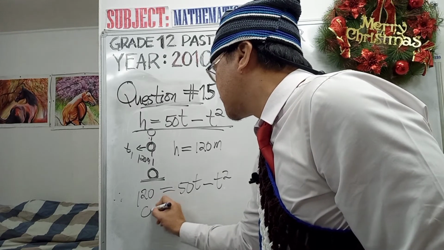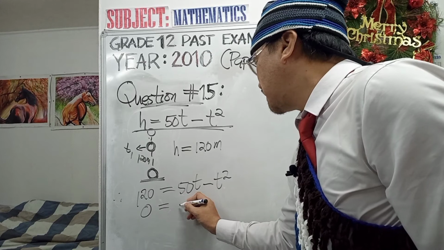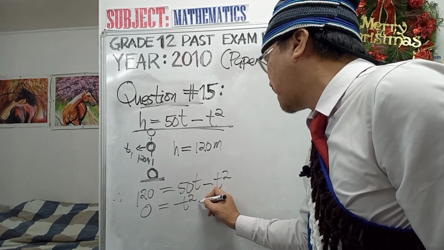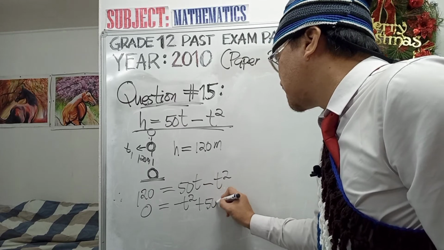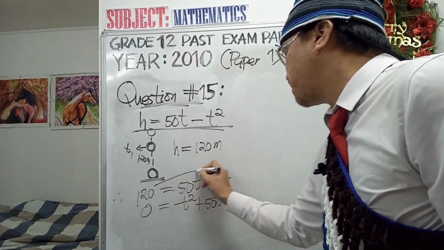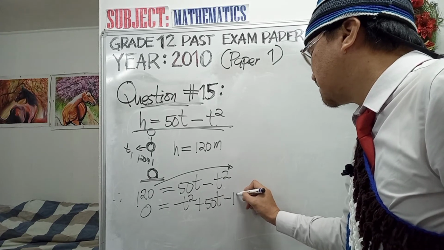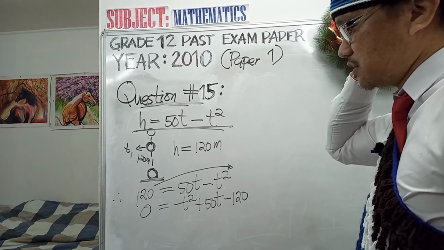Collecting like terms, this is now 0 equals negative t squared plus 50t. When you transpose the positive 120 to the other side, it will become negative 120.